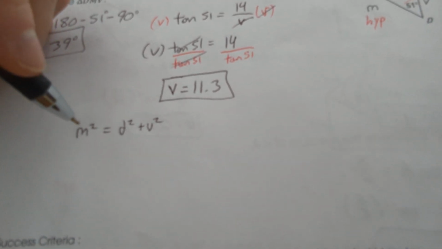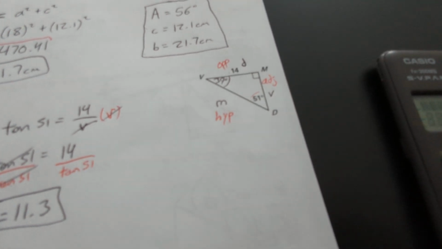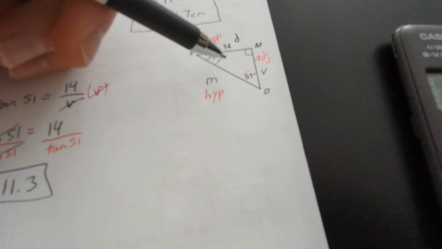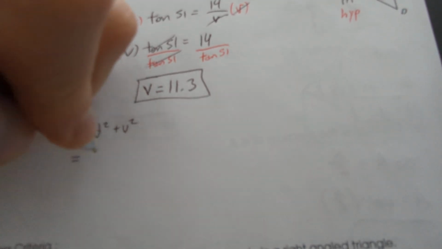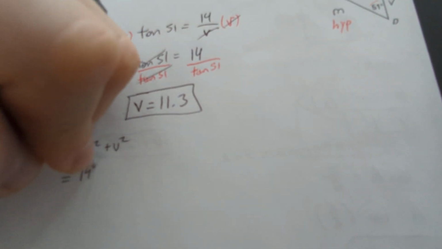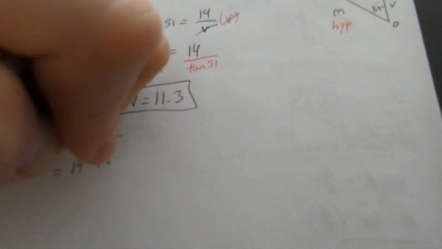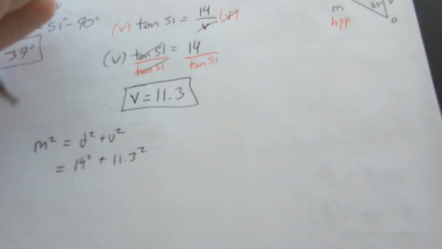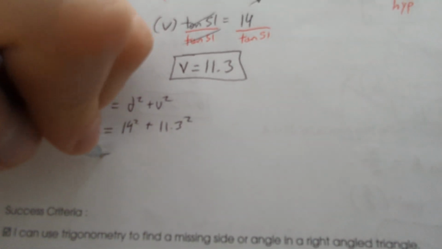M squared, which is the hypotenuse, equals d squared plus v squared. And then we know d is 14, and we know v is 11.3. We just found that. So we have 14 squared plus 11.3 squared. M squared equals this.